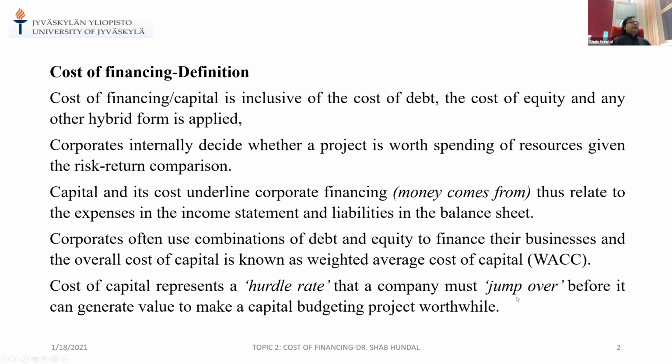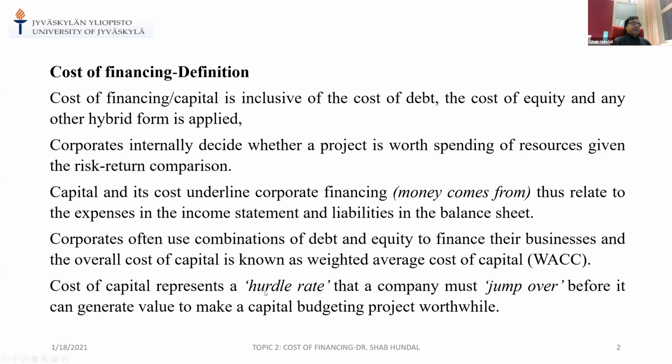And the hurdle rate can be many. The most commonly used hurdle rate is the treasury bill rate or the bond rate that we see. So that imposes a minimum requirement, and this has nothing to do with the company, because this is something we see from the market, from beyond the firm.